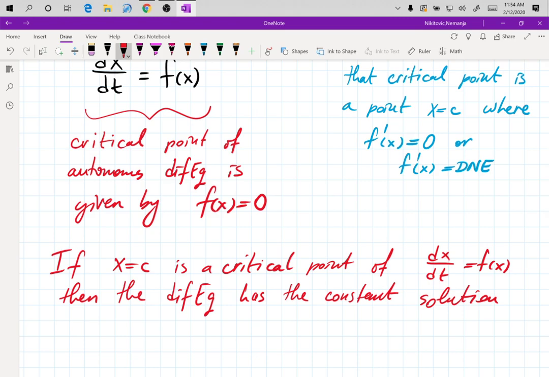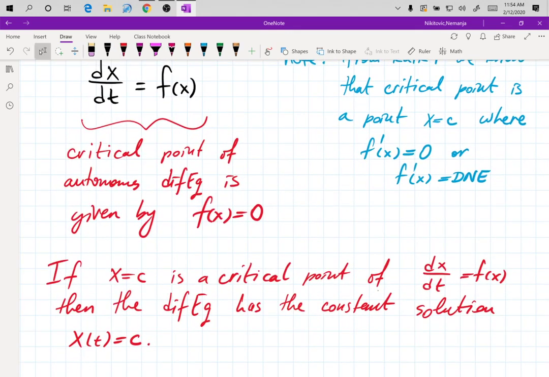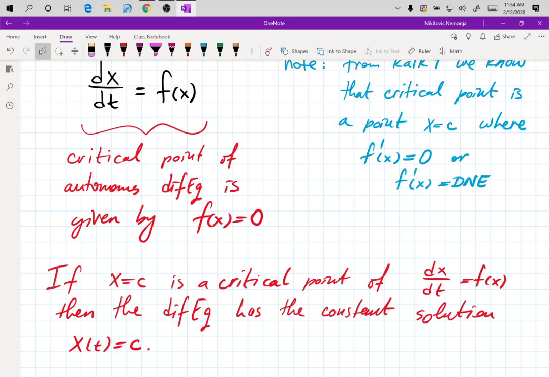X of t equals c. Should I even dare say it? No, I should dare and say it's common sense. Because if x equals c is the critical point where this is equal to 0, then you have the derivative equal to 0.